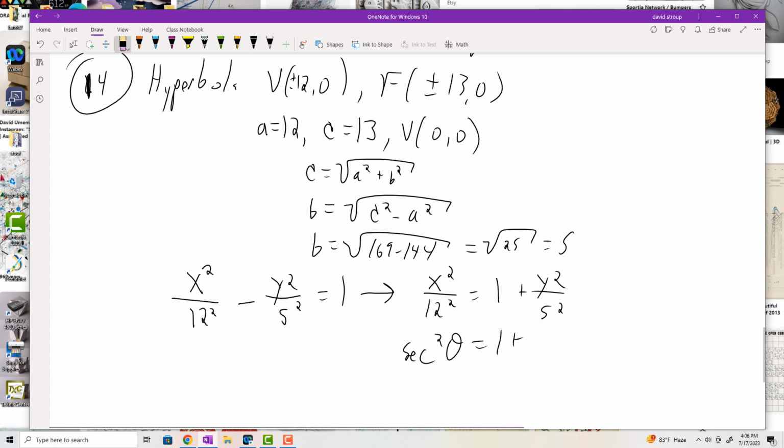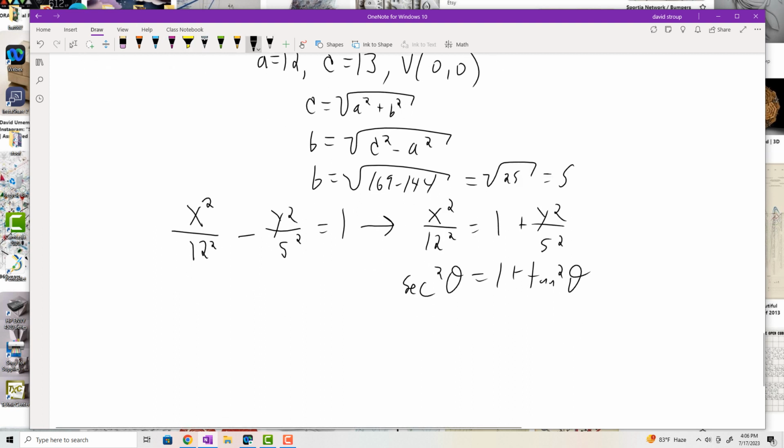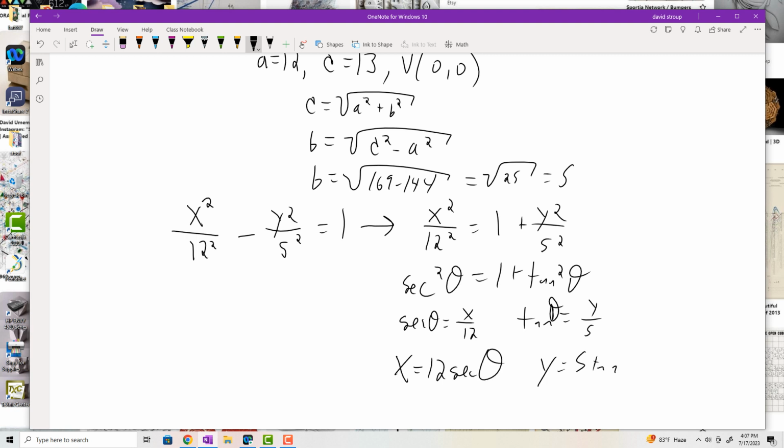So I'm literally just back engineering. I've done it enough that I remember how it works in the other direction, so now I can just do it this way. So secant must be x over 12, and tan must be y over 5. And so our parametric equations are x equals 12 secant theta, and y equals 5 tan theta.